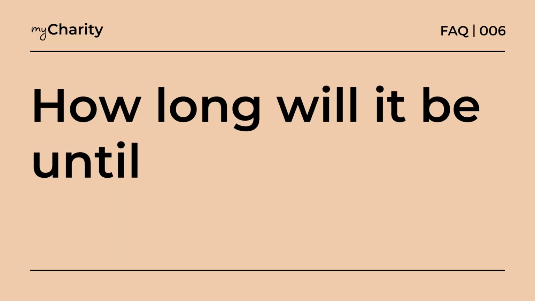How long will it be until my donation is used? And full transparency, this is one of our biggest weaknesses at the moment as an organization, because we are so new and so young. We do not have thousands to tens of thousands to hundreds of thousands of users yet. And so what this means is that when we pull those donations together, it takes a little bit of time to hit a goal.